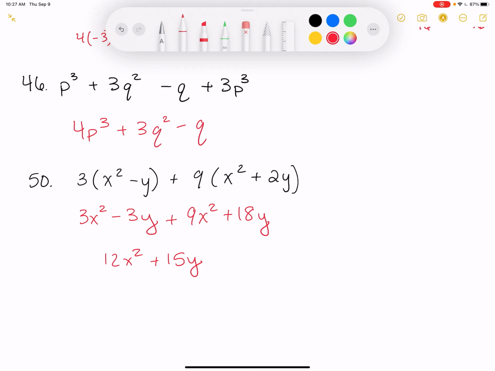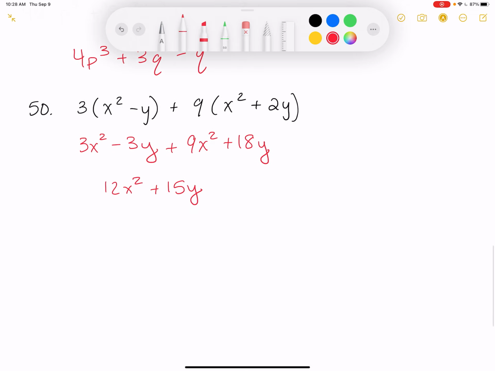Makes it a little easier on me grading. And we always want variable powers in descending order. So if we have like an x squared, an x, and then like just a constant term, we always want to go squared first and then constant, okay? It just makes it easier. While it's not technically wrong to do it the other way, it just, like I said, makes life a little simpler. And it'll also make your answers line up with the back of the book.